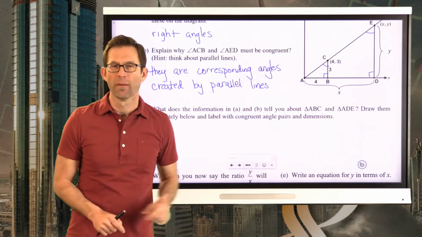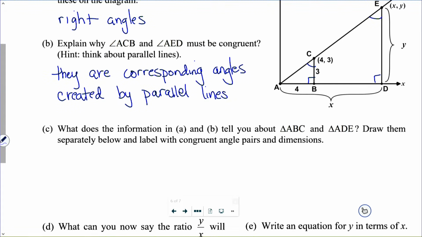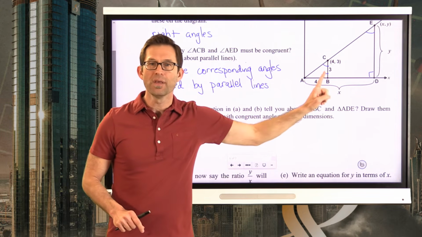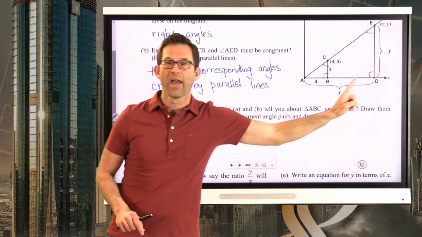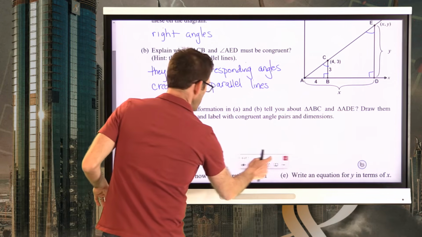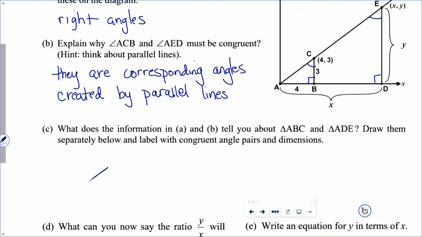So now, let's take a look at letter C. I want to keep the diagram up there as much as I can. Letter C. What does the information from A and B tell you about triangle ABC and triangle ADE? Draw them separately below and label with congruent angle pairs and dimensions. So in other words, I want to think about triangle ABC and triangle ADE. Let's draw them down here. We don't have to draw them to scale.